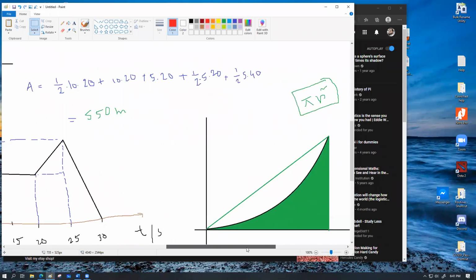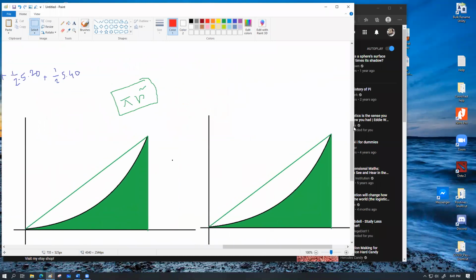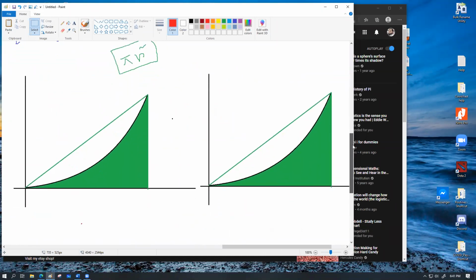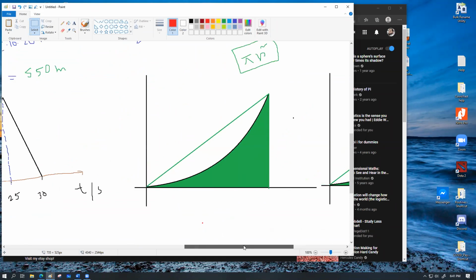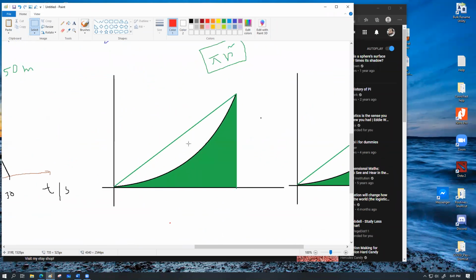Can't we subtract the red portion? If you can calculate that part, it would be nice. But how can we calculate the area of this red portion? Because this is a curved situation, we don't have a geometric formula to calculate the area of this thing by some equation. That's the problem that we have.